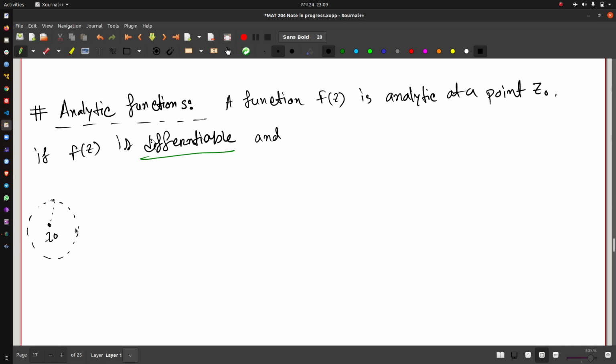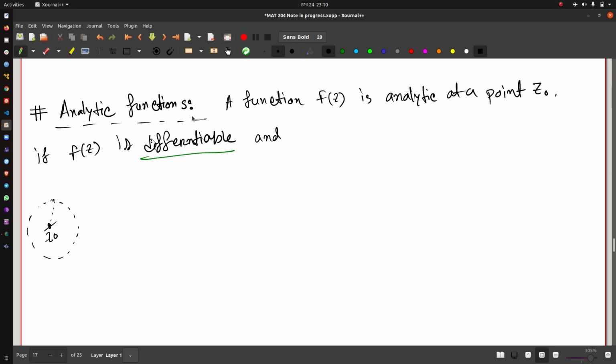If you have a function that is differentiable at this point and also inside this neighborhood, then that function is analytic. If a function is only differentiable at this z naught, but inside a small neighborhood it is not differentiable, then that is not an analytic function. So there is a very subtle difference.